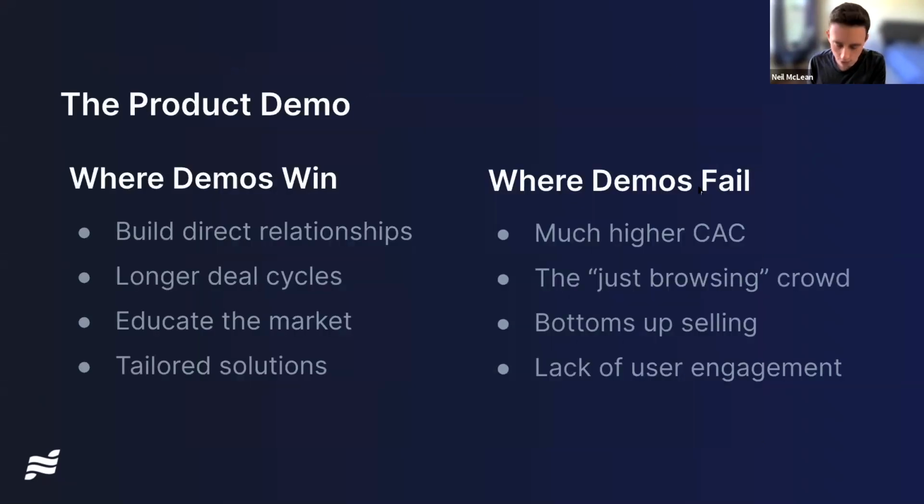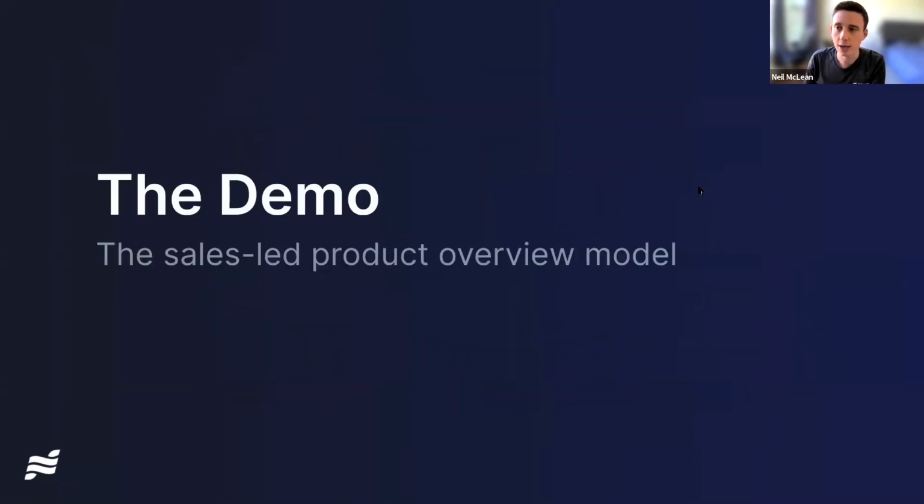What I next wanted to go through is the demo. So this is the tried and true model for a lot of sales, and this was the main way that people went through the sales motion for most products.